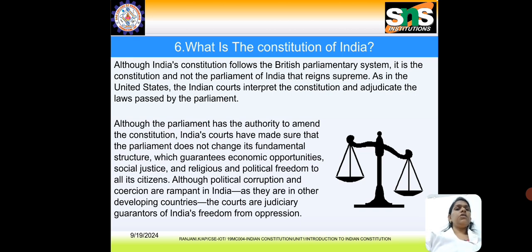Next, the Indian Constitution follows the British parliamentary system. It is the Constitution that is supreme, not the Parliament of India. As in the United States, the Indian courts interpret the Constitution and laws passed by the Parliament. The Parliament has the authority to amend the Constitution, whereas the Indian Constitution has made sure that the Parliament does not change its fundamental structure.